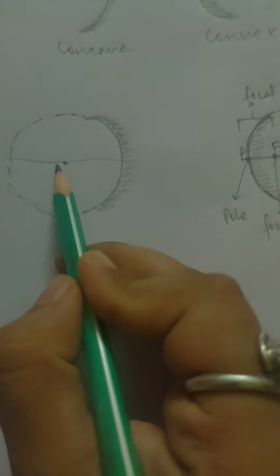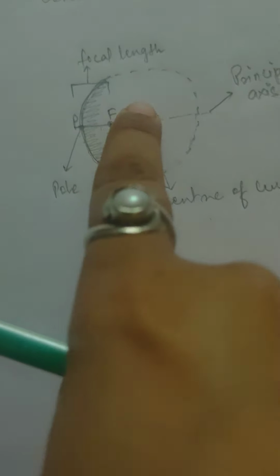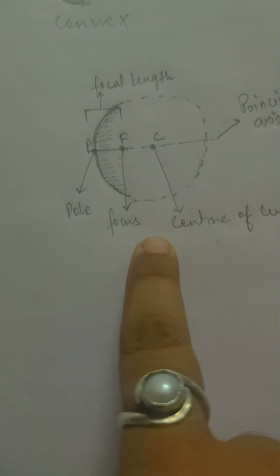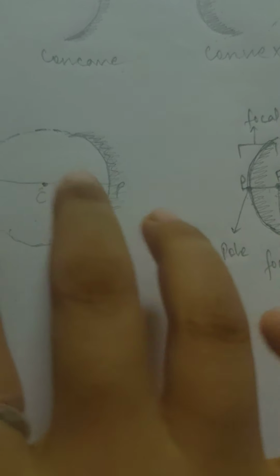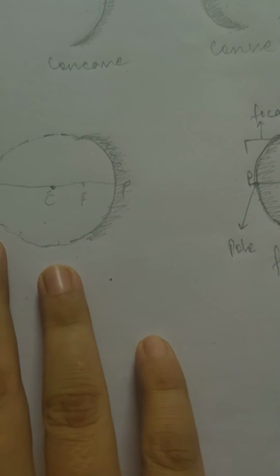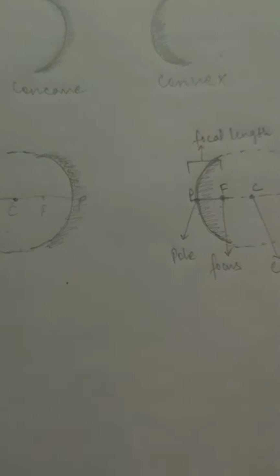According to this only, the reflection also happens. The focus, curvature and all are at the back of the mirror in the case of a convex mirror, and in the case of a concave mirror, the focus, curvature and focal length, everything is in front of the mirror. You have to keep that in mind.